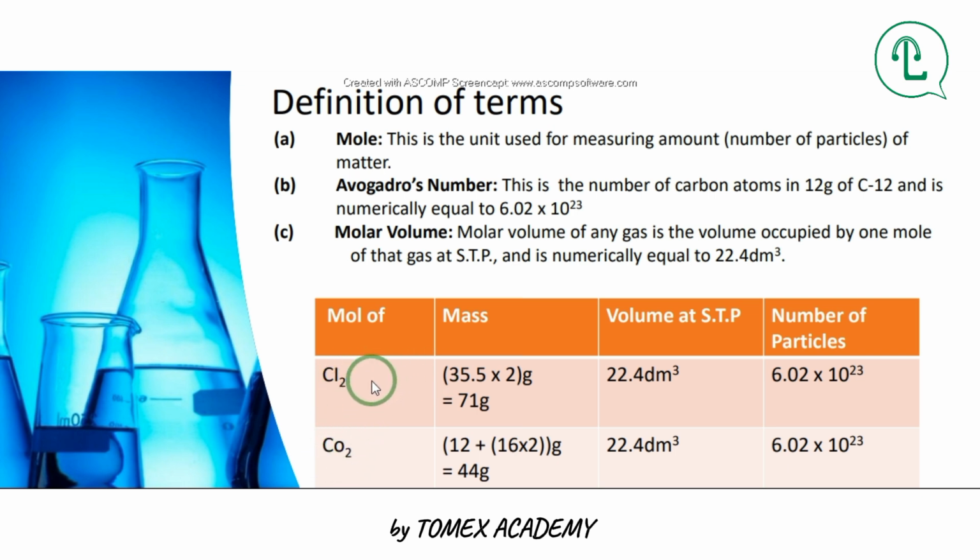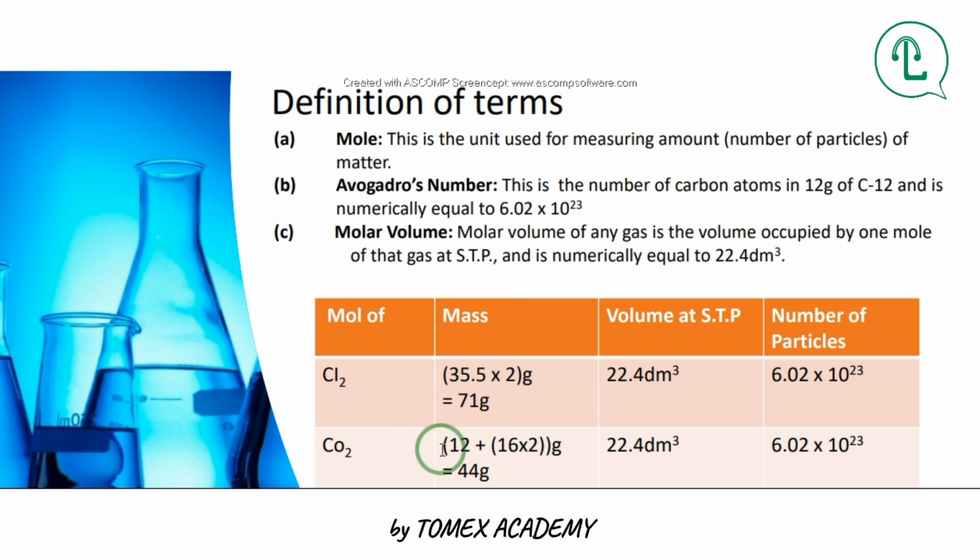A chlorine molecule is diatomic, so we are going to multiply the relative atomic mass by 2. We are going to have 71 grams as the mass. And since 1 mole of any gas at STP contains 22.4 dm³, and number of particles is 6.02 times 10 raised to power 23.